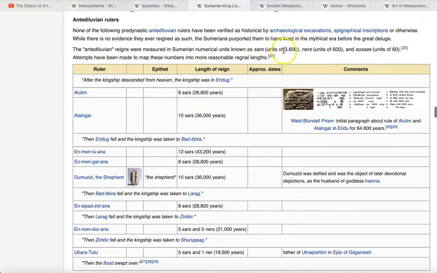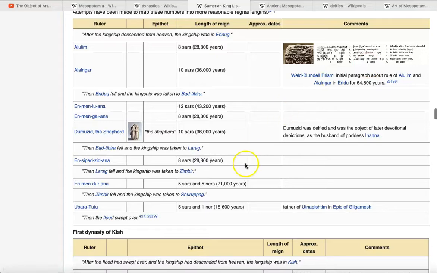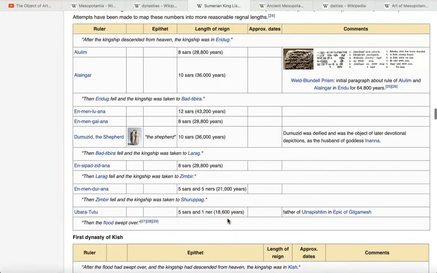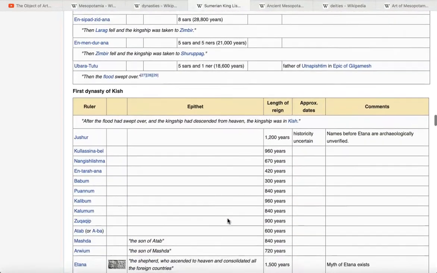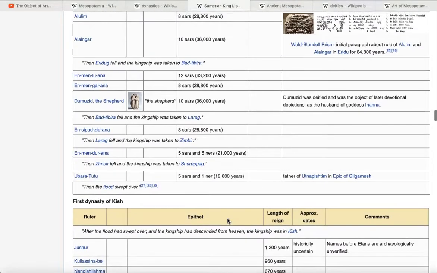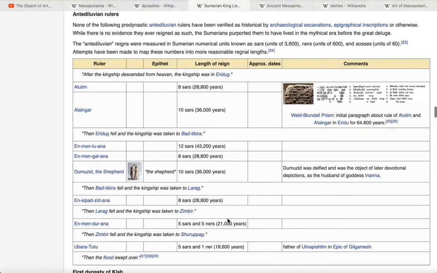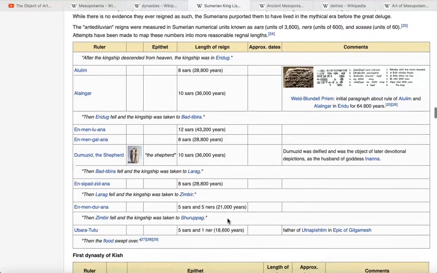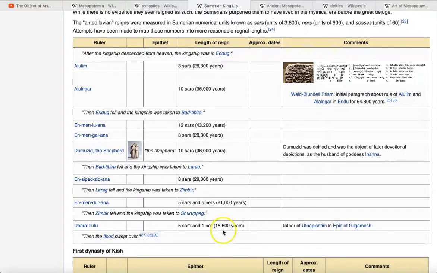It says right here, a sar is 3,600, a ner is 600, and a soss is 60. This is the best they could do. This is it. But as you can see, the antediluvian rulers ruled for very long spans of time.